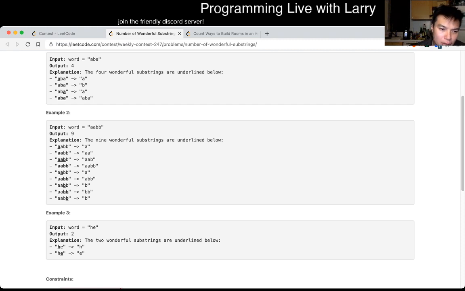The thing here is note that if you process B, AB is not a good substring. How do we find out not good substrings? Maybe that's easier to find out?